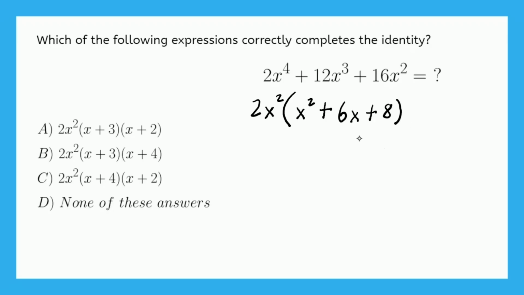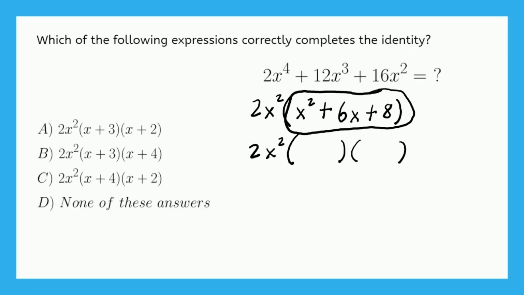Okay, now we can still do some more factoring, because if we take x squared plus 6x plus 8, that can actually be factored into two binomials. So this trinomial is actually a sum product pattern, because there are two numbers whose sum is 6 and whose product is 8. What two numbers are those? It's 4 and 2.